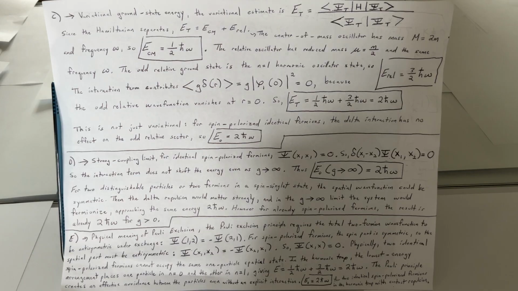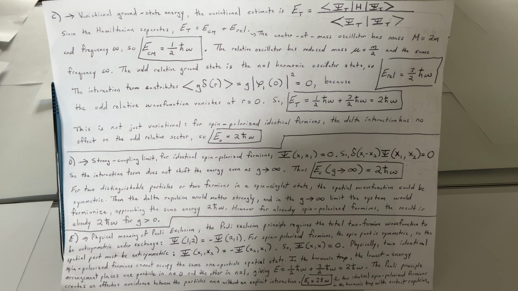All right, and for part E, we want to discuss the physical meaning of the Pauli exclusion principle in this system. The Pauli exclusion principle requires the total two-fermion wave function to be antisymmetric under the exchange: capital psi of 1, 2 equals negative capital psi of 2, 1.